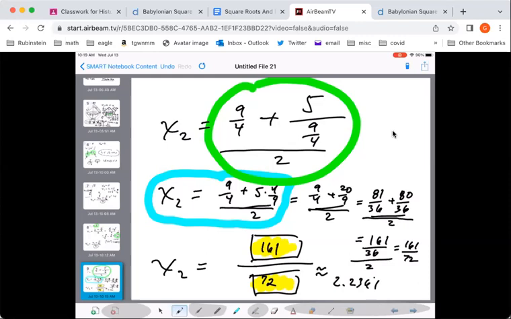But even better, if on a calculator you were to square 161/72, I have a calculator here, 161 divided by 72 squared, you end up with 5.00019. So as you can see, that is a really good approximation.